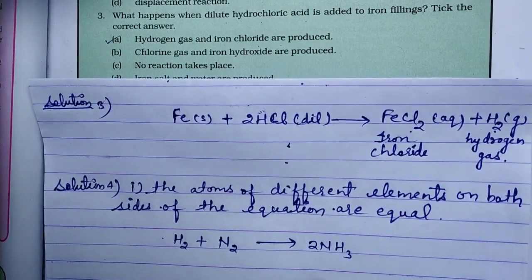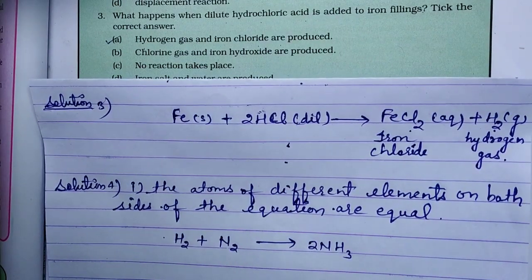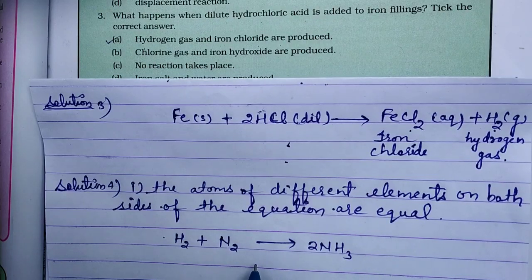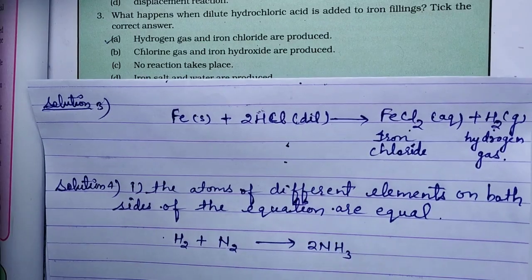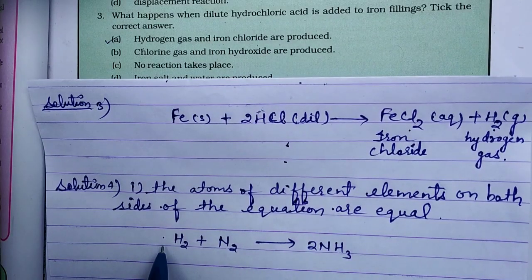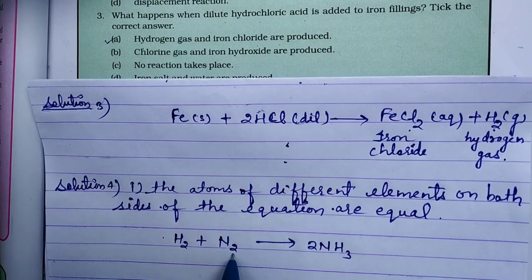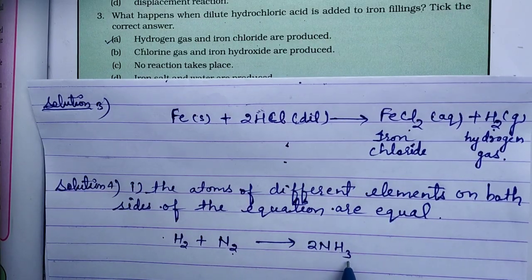Is it a balanced chemical equation? No, because here the number of atoms on the reactant side and product side are not equal. So firstly we will equalize these atoms on both sides. Nitrogen is 2 here and 2 here, and hydrogen is 3.